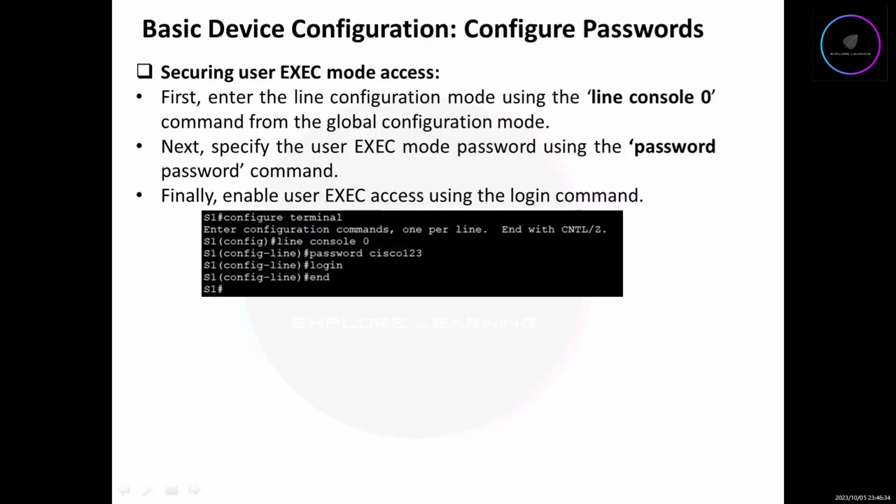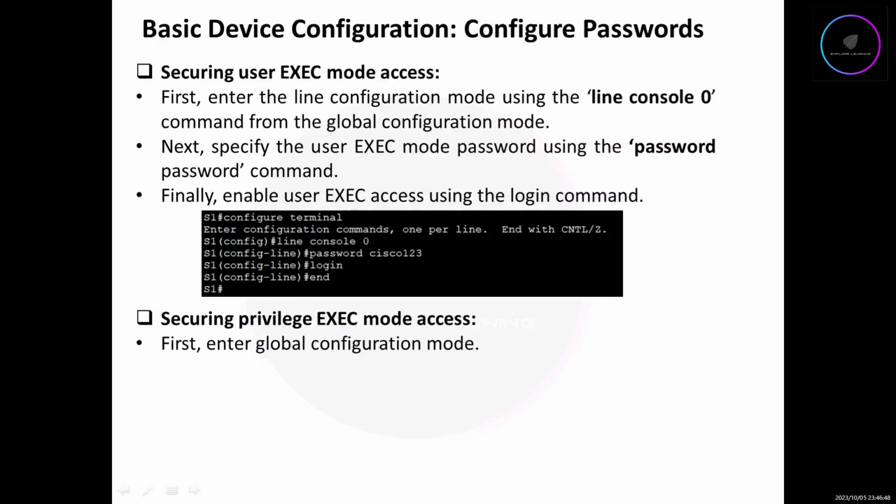All right, so this is a snippet of how the code looks, what you're supposed to do. We are also going to secure the privilege exec mode access. The first thing we're going to do is enter the global configuration mode, because all this is going to be done in the global configuration mode. Then we're going to use the enable secret password command, which creates a secret password.